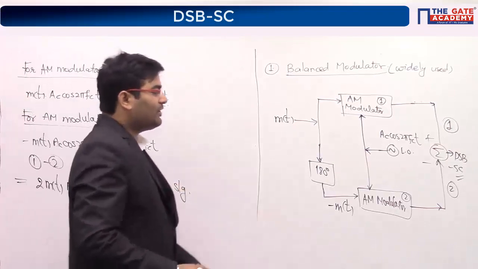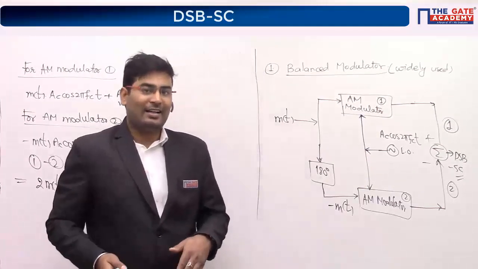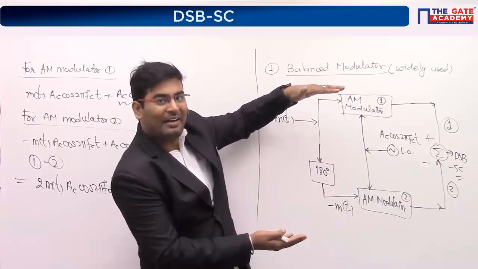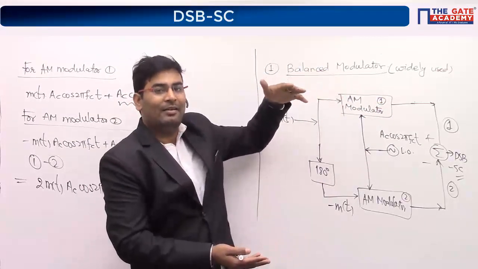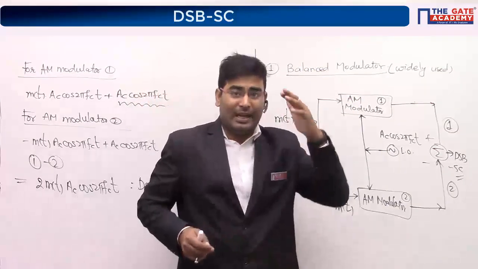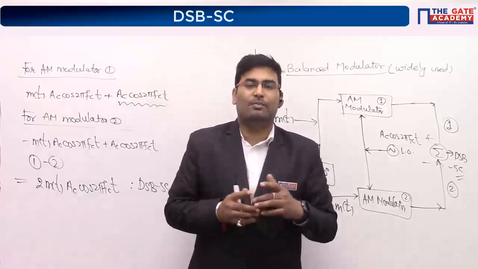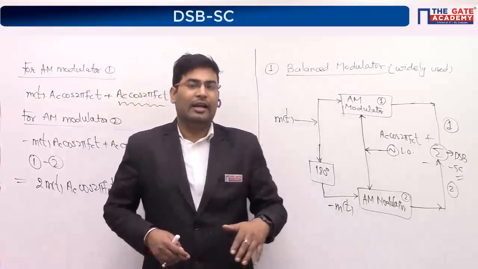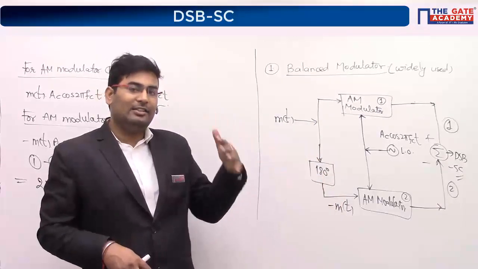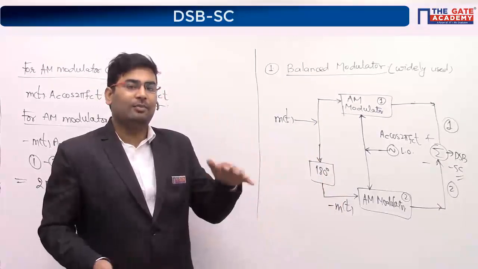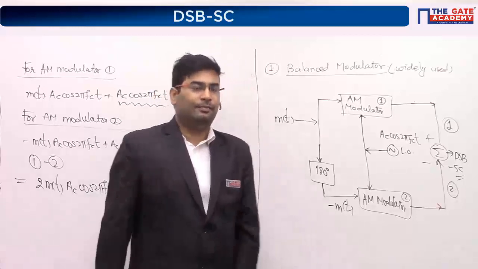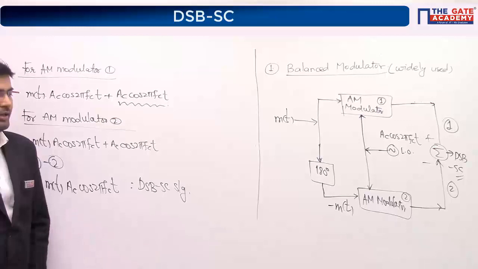So as Swati mentioned very correctly, there are two modulators which are balancing, and they are designed in such a way that they are balanced and they cancel the carrier signal. And that's why when somebody asks you why the balanced modulator is called the balanced one, it is because it has two modulators, and it is designed in such a way that it cancels or suppresses the carrier signal. Any question? Please ask now. We're done on the balanced modulator.